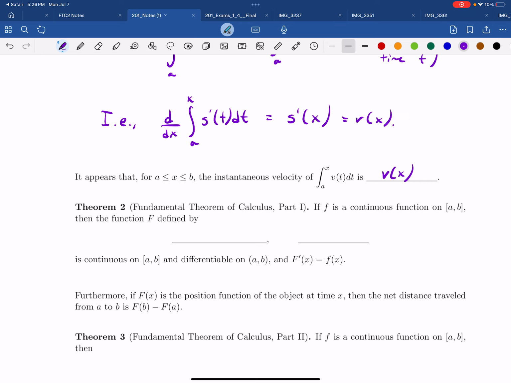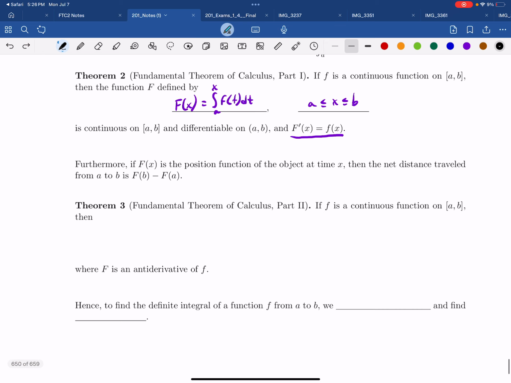Just to be crystal clear. So this is the fundamental theorem of calculus part 1. It says that if we have the function f of x defined, this is a little technical, as the integral from a to x of little f of t dt, where x is ranging from a to b, then the derivative of this with respect to x is just plugging x in for t. Okay.